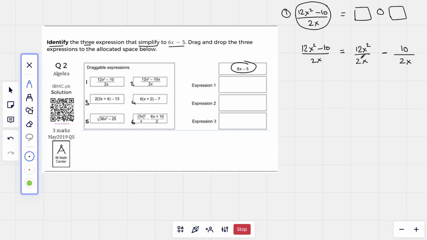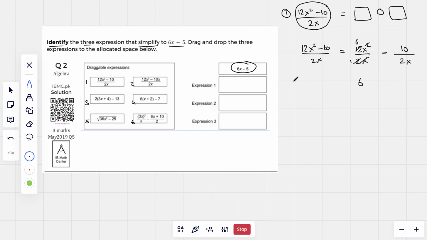Now we know 2 1s are 2, and we know 2 6s are 12. So the first number comes out to be 6. That's what we're looking for, 6. X, when there's no power implied, the power implied is 1. So x to the power 2 divided by x to the power 1.